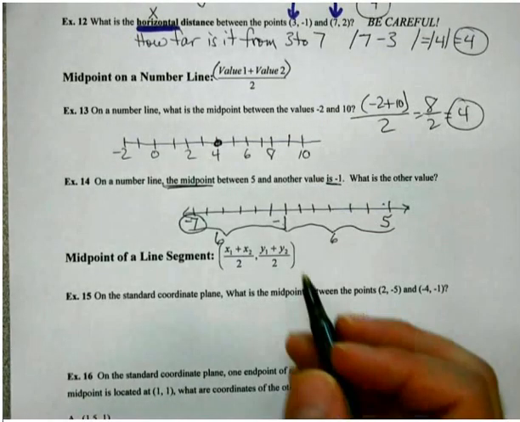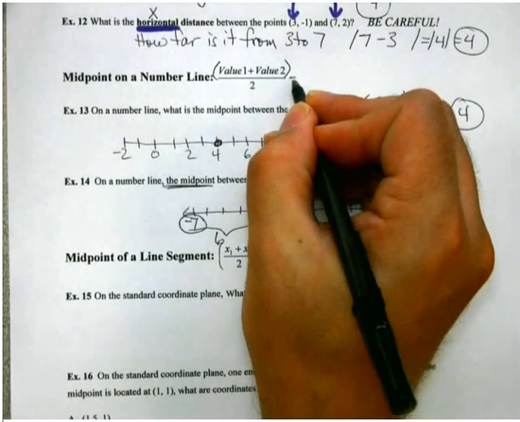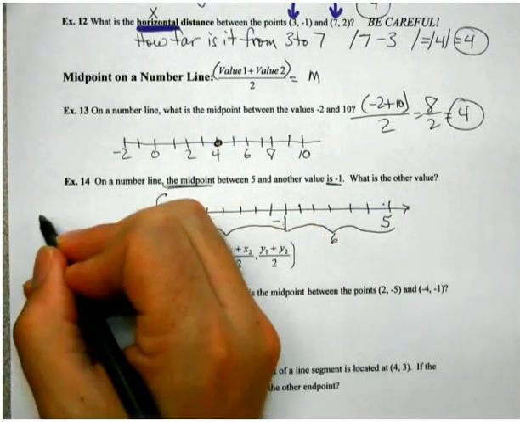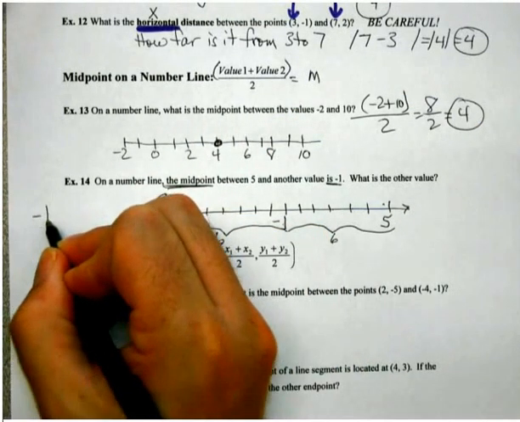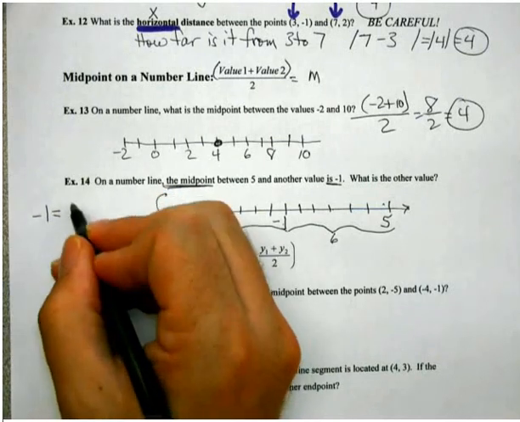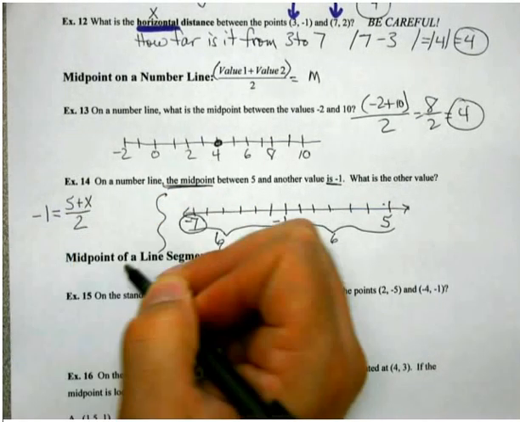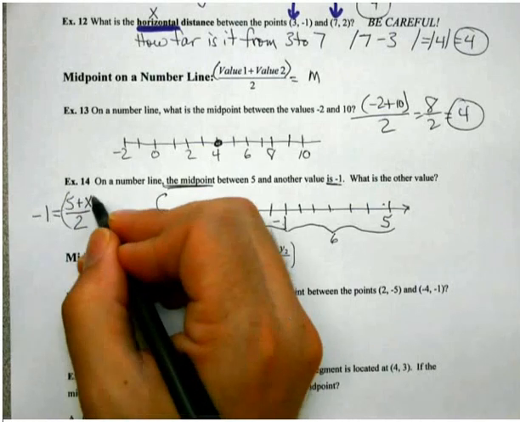Okay. When you're looking for a midpoint, the midpoint is -1. One of my values is 5. I don't know what the other value is. And we just make it a simple algebra problem.